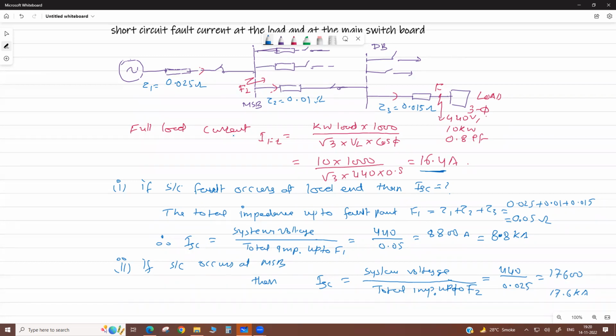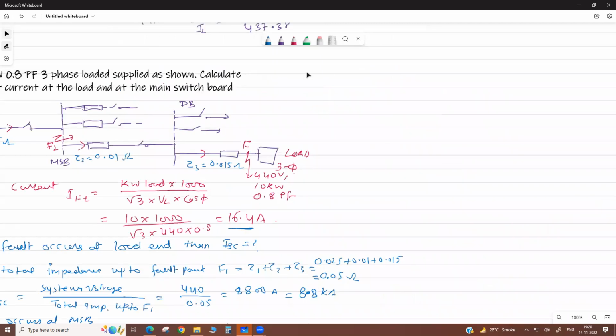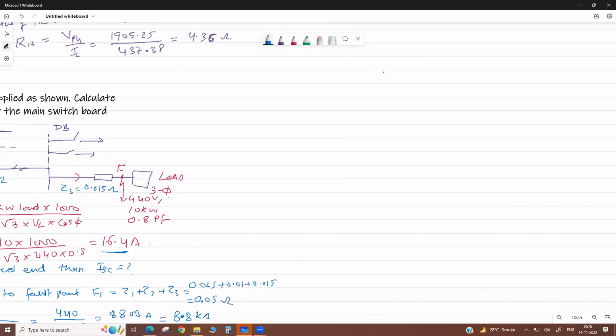Actually, it is a simple fault calculation. But generally, in a distribution network, how do we do the fault calculation? First we convert to per unit impedance, then we calculate a total.